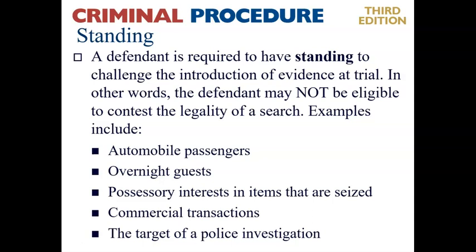In this case, the two petitioners, the two people trying to fight this arrest, were passengers, neither of whom owned the automobile. The Supreme Court ruled that the two petitioners lacked an expectation of privacy in the glove compartment and under the seat, and held that they lacked standing to suppress the evidence.